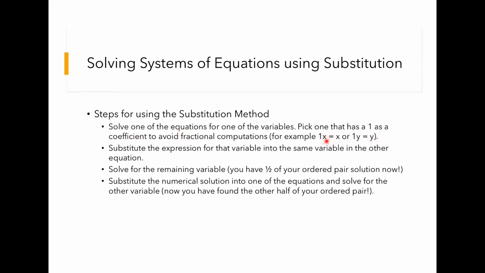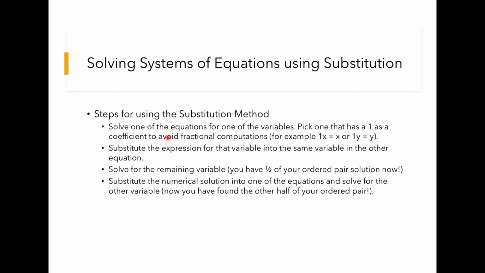Generally we don't even see the 1: 1 times x is just written as x, or 1 times y is just written as y. So we want to look for which equation has a variable term that just has a 1 as a coefficient.